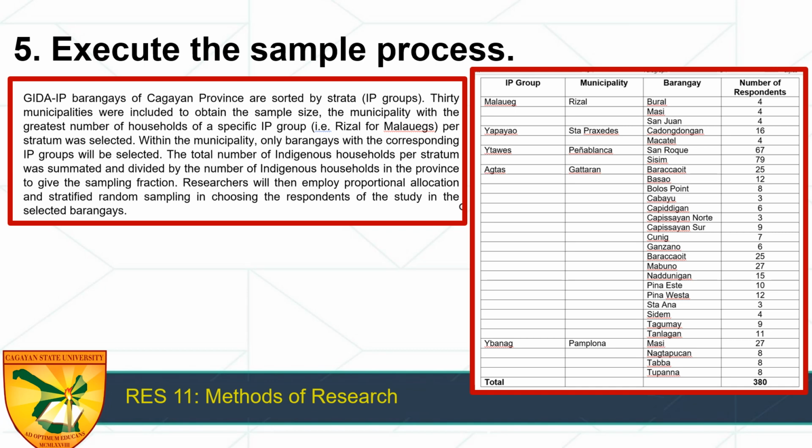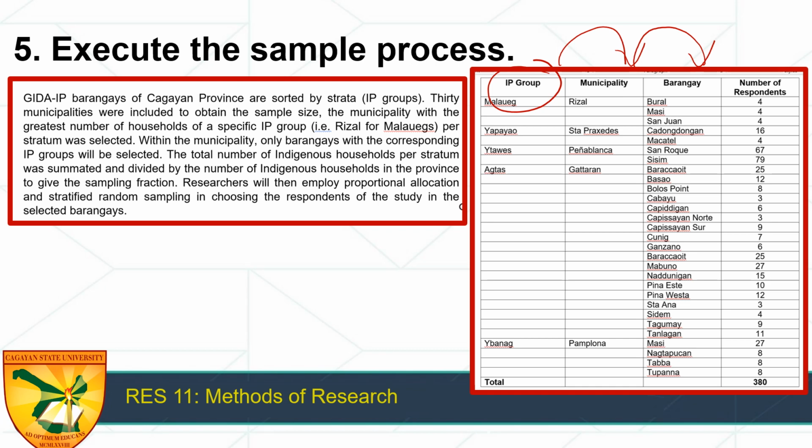The IP barangays of Cagayan province are sorted by strata or IP groups. 30 municipalities were included to obtain a sample size, and the municipality with the greatest number of households of a specific IP group per stratum was selected, and the total number of indigenous households per stratum was summated and divided by the number of indigenous households in the province to give the sampling fraction.